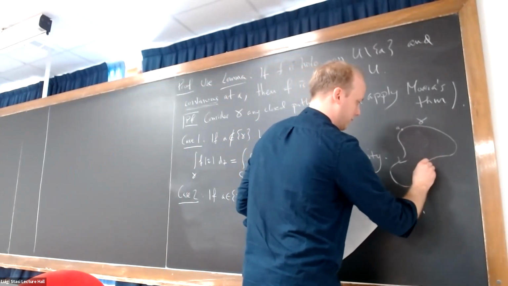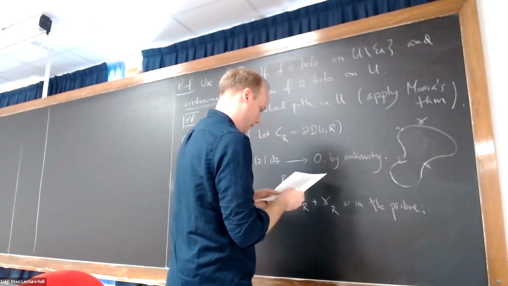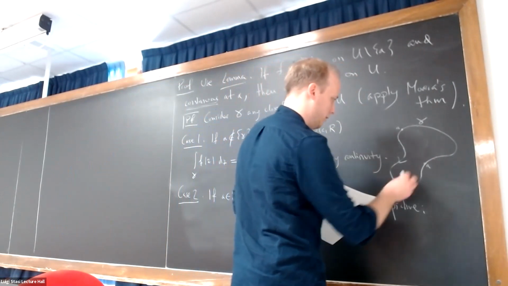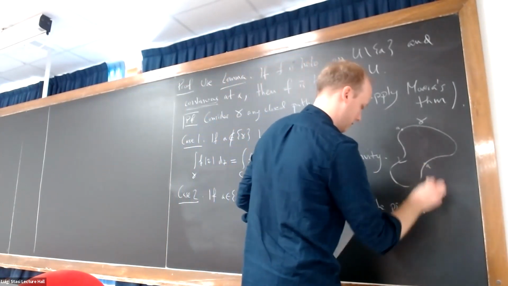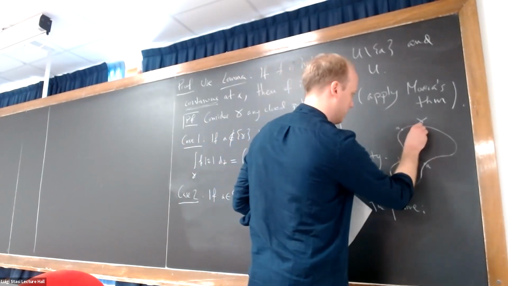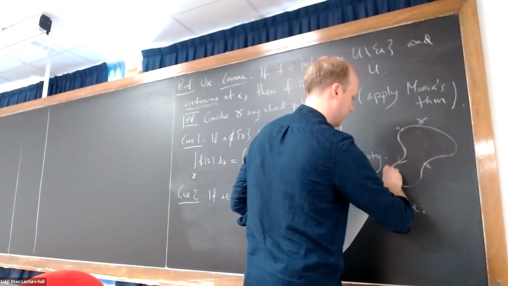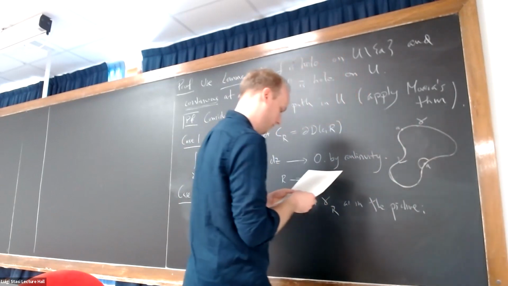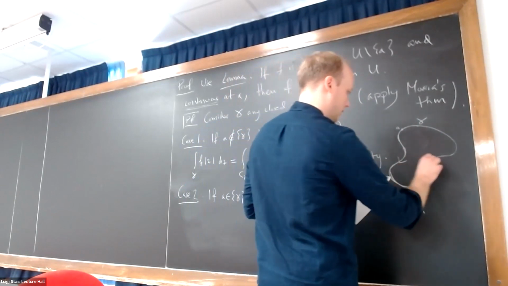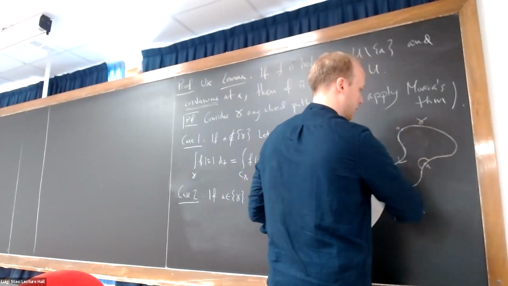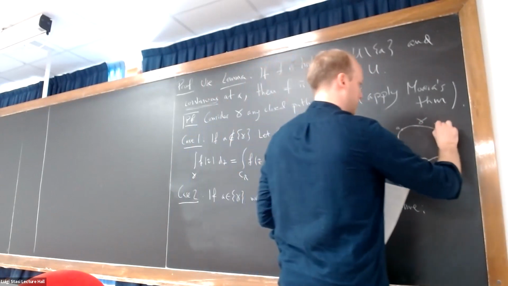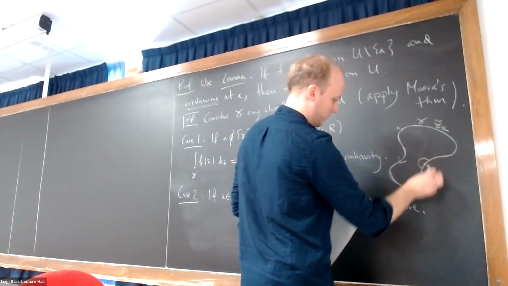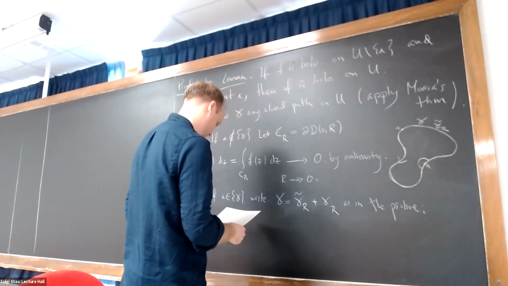So A is here. And gamma tilde of r will be everything going around like that, and then going like this, and continuing around. This will be gamma tilde of r. Of course, it depends on r because it depends on the radius of this small disk here.